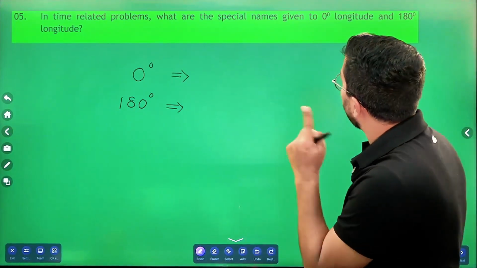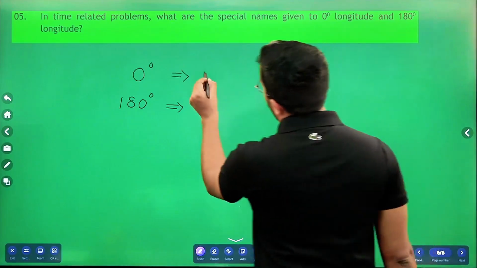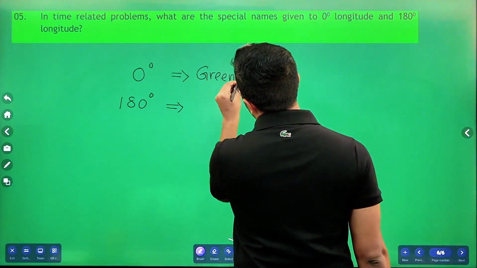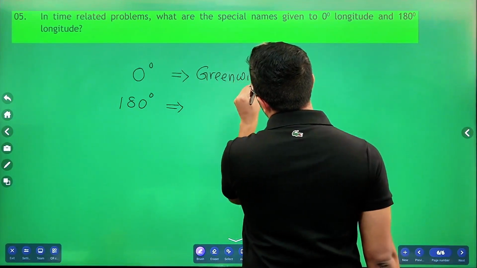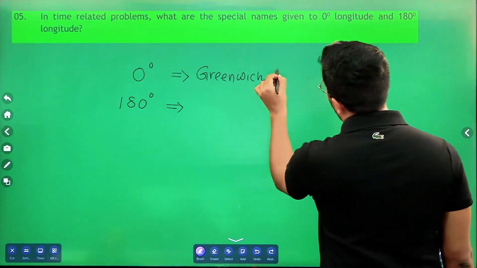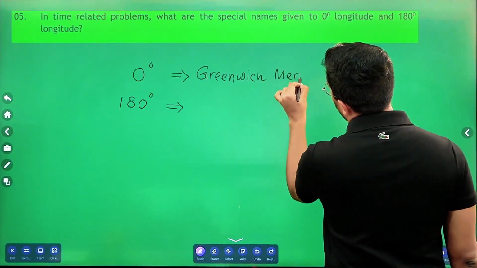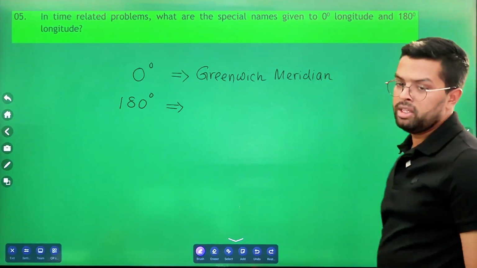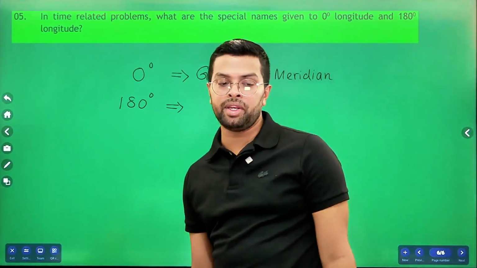Alright, this 0 degree longitude is called the Greenwich meridian, right?